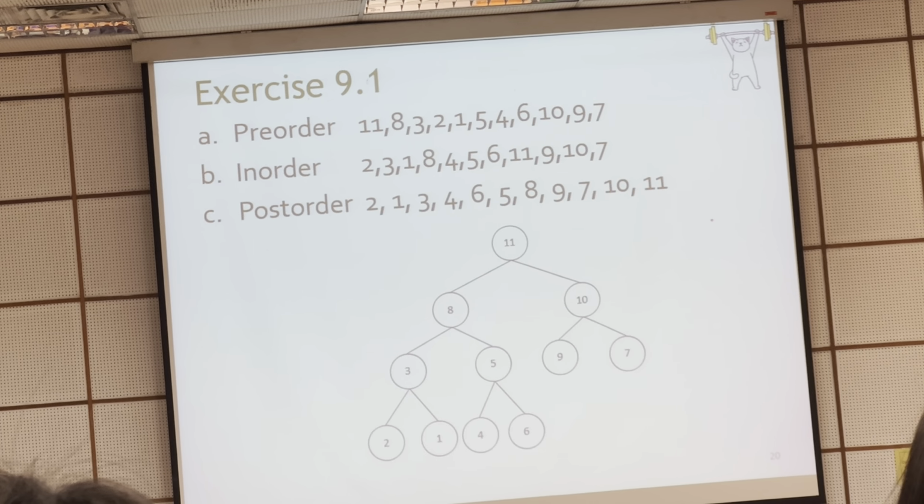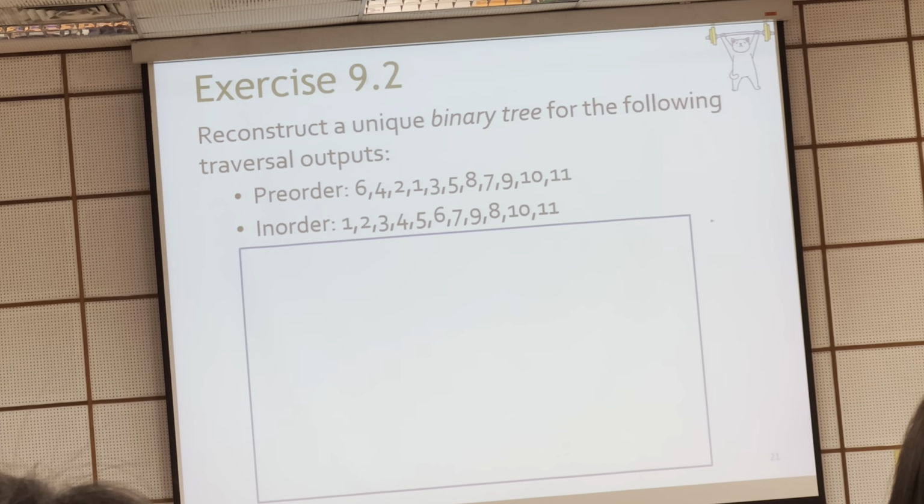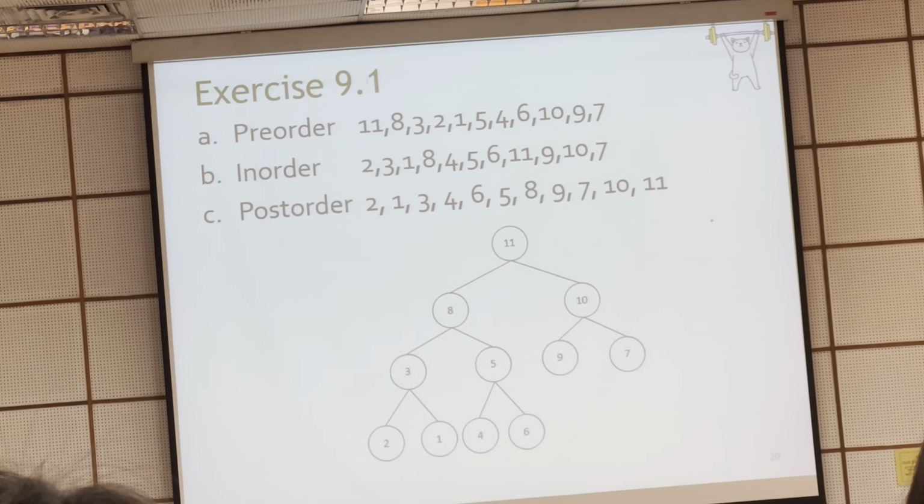Okay, so next, let's do this. We're going to construct a binary tree using the traversal output. Earlier, the tree was given to you, then you had to list down the order of traversal.